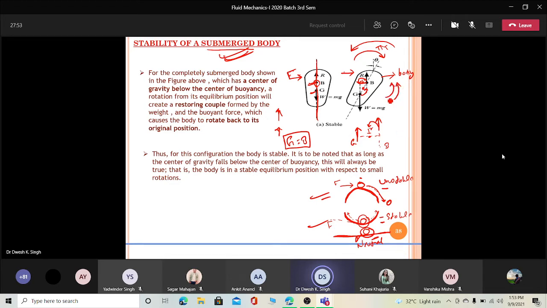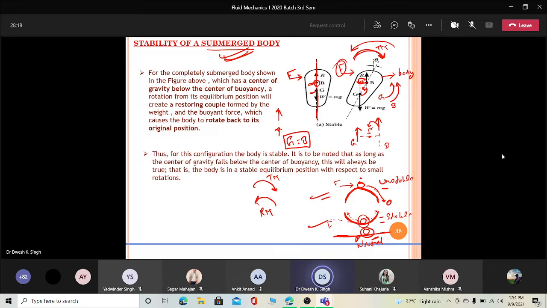This is due to G, this is due to B. And this is your turning moment, generated due to this force. This turning moment is in this direction and the restoring moment is in this direction. And this is why your body returns to the same position.